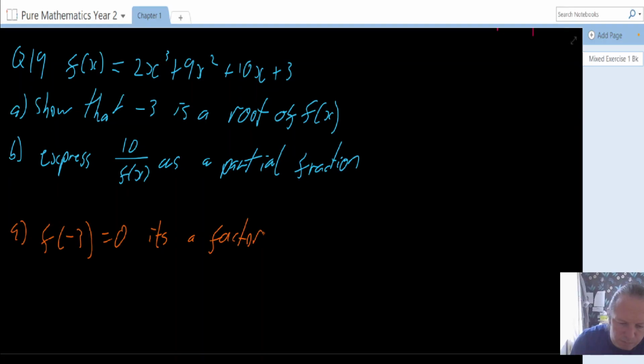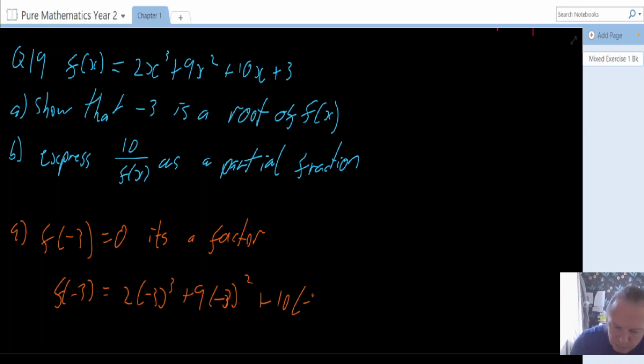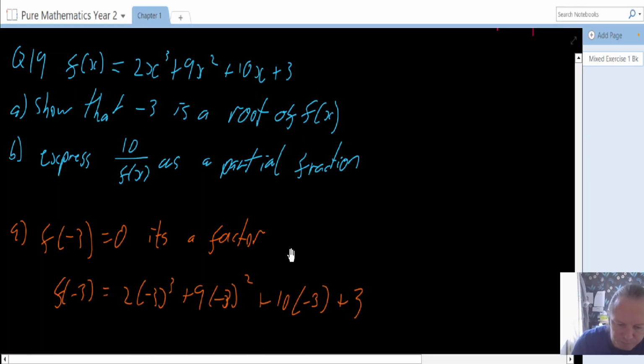Okay. Right then. So let's put it in then. So f of minus 3 equals 2 times minus 3 cubed plus 9 times minus 3 squared plus 10 times minus 3 plus 3.